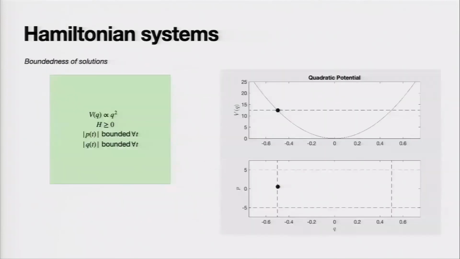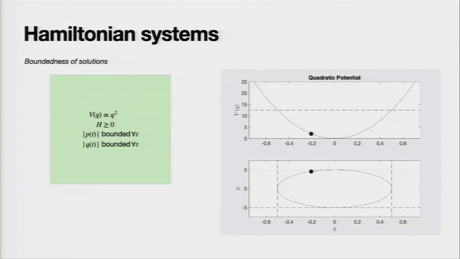So I have a series of animations now to show you what I mean by that. Like I said, the most important property is that V is positive. On the top graph, I have a plot of V as a function of Q. And on the bottom, I have the so-called phase space, with Q on the x-axis and P on the y-axis.